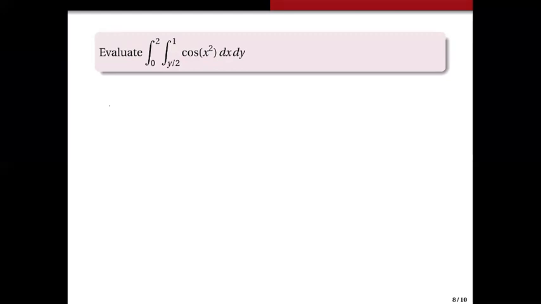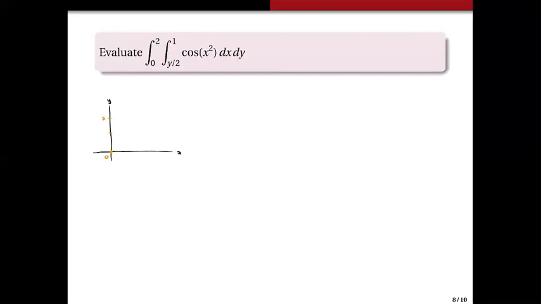We have here the x-axis, y-axis, and then the value of y, the interval, is from 0 to 2. So it is 0 here, and then this is 2 here.